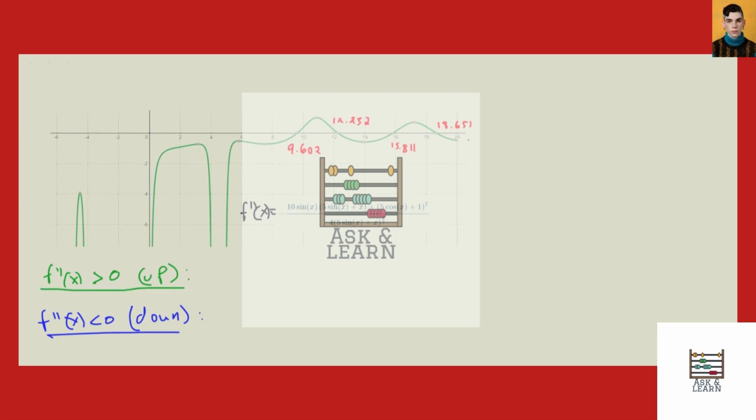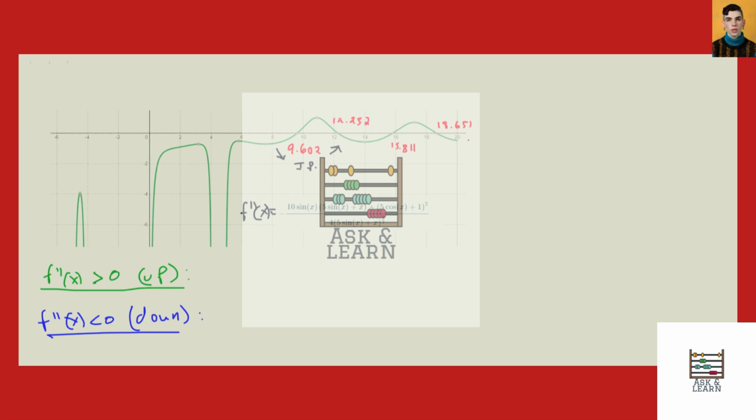All right, so now let's just first go ahead and find our points of inflection, and then after that we can write our intervals where it will be concave up and concave down. At 9.602, to the left of that, the function is going to be concave down, and to the right is going to be concave up, so that is a point of inflection.